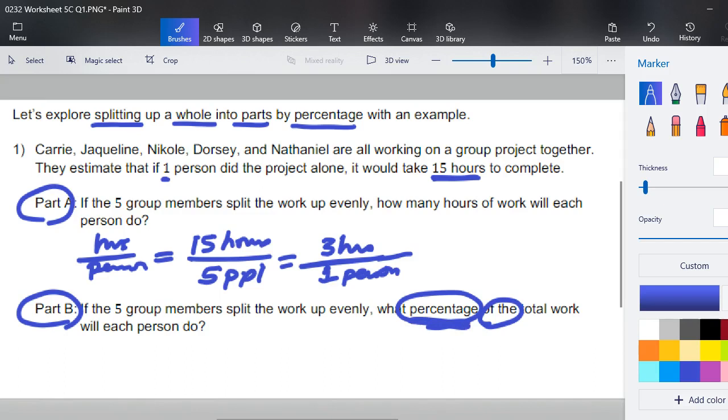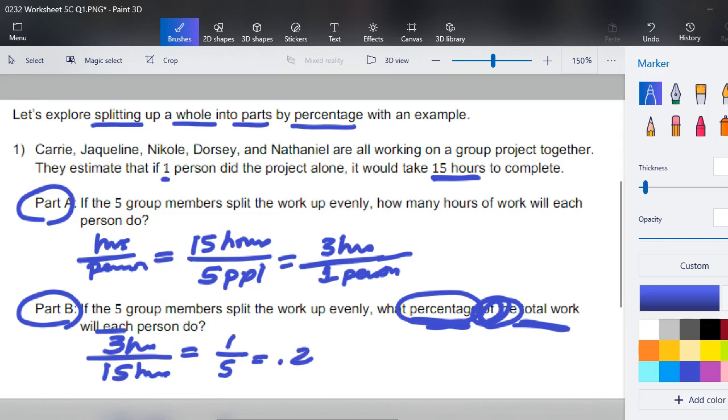We have been working on a reference value, and if it wants to know what percentage of the total work, then that means the total work is 15 hours. It asks what percentage of the total work each person will do, and if each person is doing 3 hours, when we make this into a decimal and multiply it by 100, we find that each person will do 20% of the work.